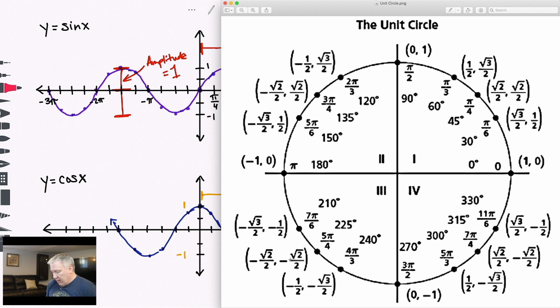All right, well, if I look at the distance between when it starts and restarts again, I get another period of 2 pi, which makes sense. It has the same pattern. And if I were to measure the distance from the valley up to the peak, and then cut that in half, so the halfway point there, I would also get an amplitude of 1.